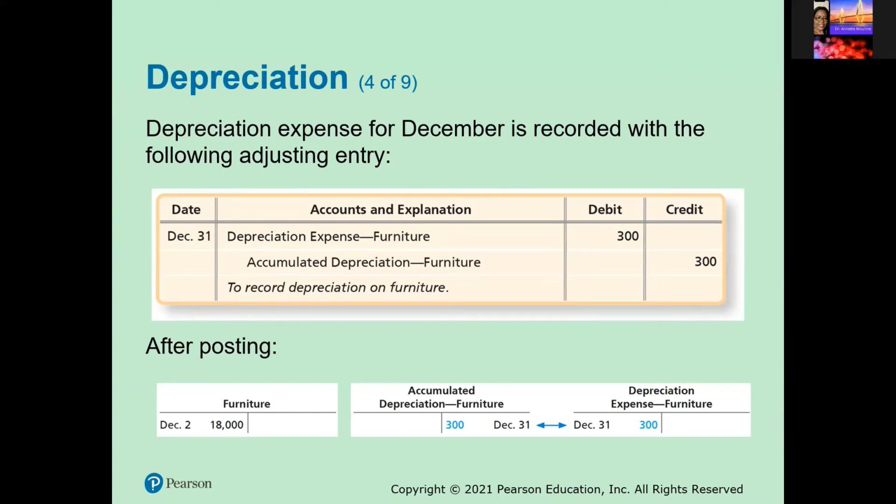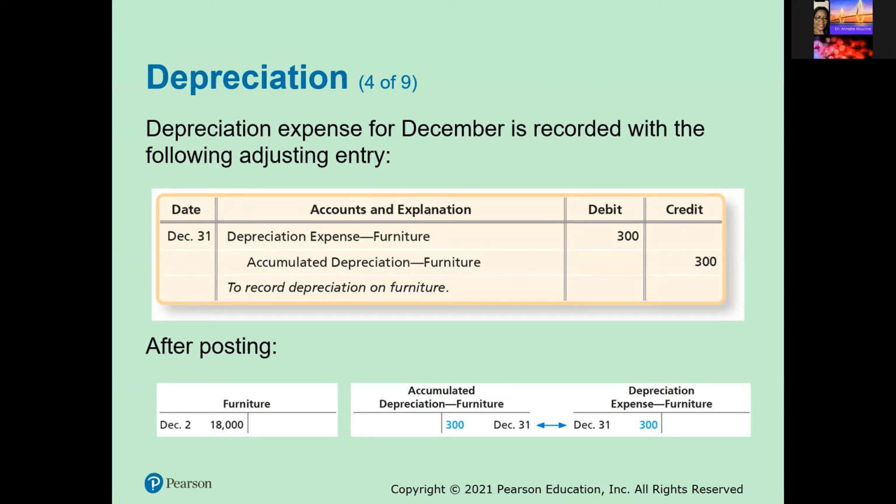Managers can then refer to the furniture account to see how much the asset originally cost. This information may help decide how much to sell the asset for in the future or how much to pay for a new furniture.